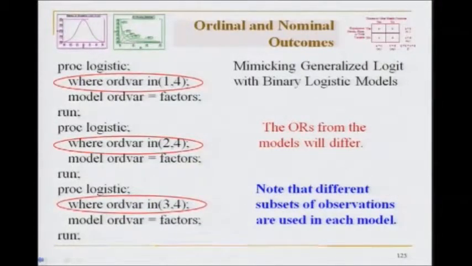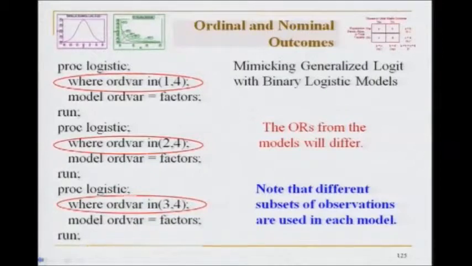People who have values 2 and 3 aren't even in that model. It's not the whole sample. It's just those in category 1 compared to category 4, then category 2 to category 4, then category 3 to category 4. You wouldn't do it this way, but it helped me to really understand what was going on in those models behind the scenes.